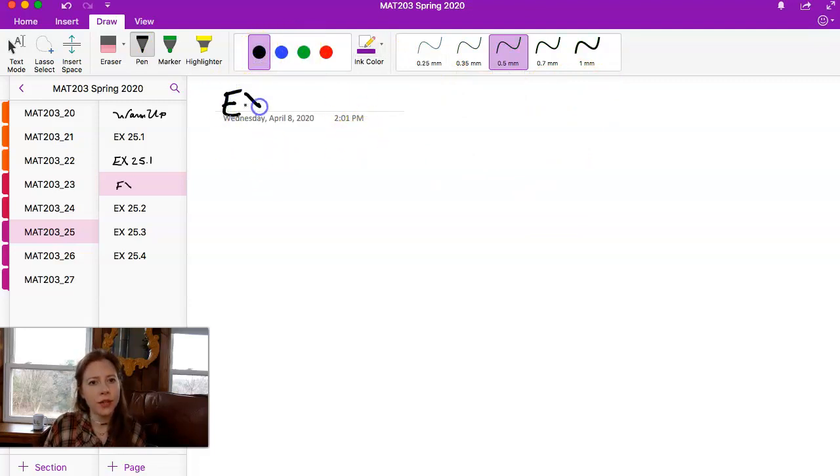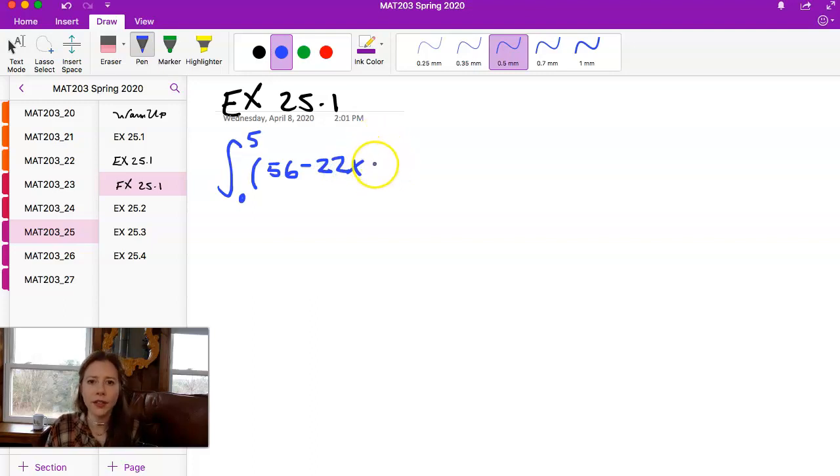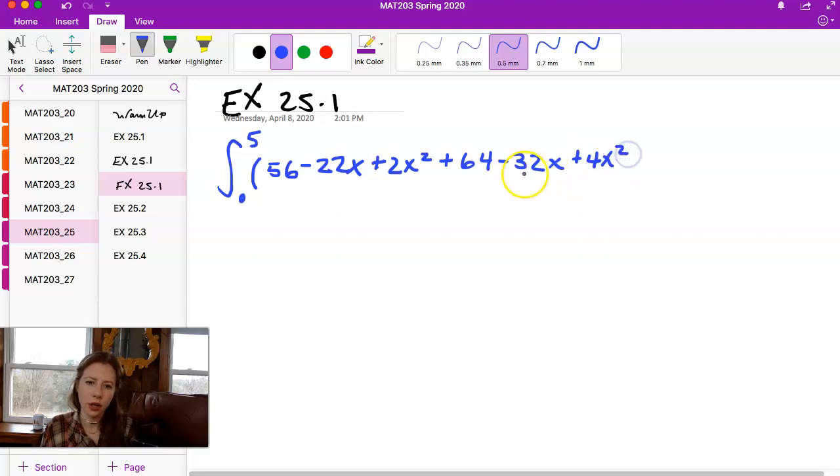So exercise 25.1. All right, so then we're going to end up with the integral from 0 to 5 of, let's see, 56 minus 22x plus 2x squared plus 64 minus 32x plus 4x squared all over 2.